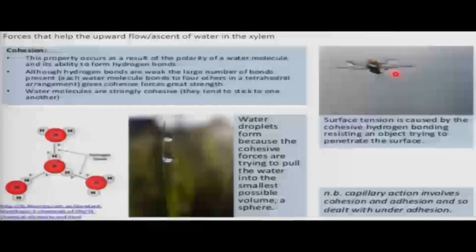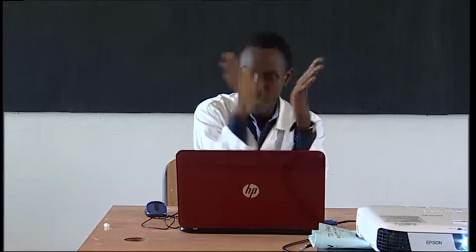So this takes us to the second force, capillary action, where we have cohesion, so the water molecules pull each other, but also we have other forces, adhesion, attractive forces between different substances. The stick has its own surface different from the water molecule, but now they are together, and they are different: adhesion.